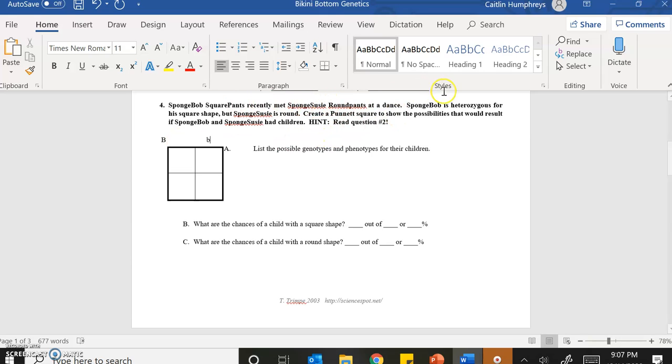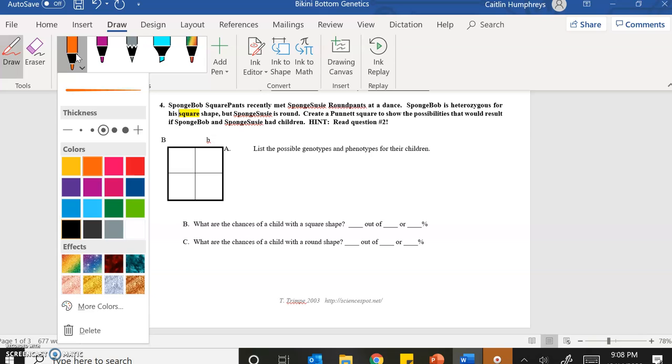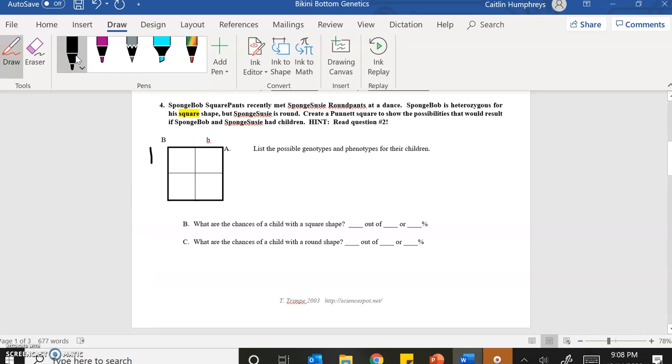SpongeBob is heterozygous, so I'm going to go ahead and put him on the side for SquarePants. Well, a heterozygous always shows dominant, so that means square has to be dominant. Susie is round, so she has to be recessive. And I can't draw on the side here, so I'm just going to go here.